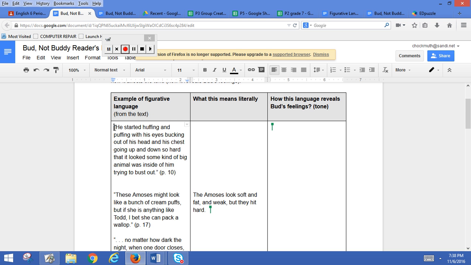So this is from a description of Todd on page 10. What does this mean literally? Was Todd literally about to have an animal bust outside of him? What was he doing? What was he so puffed up about? If you look at page 10, you probably see that this is when they're having a fight. And I'm going to say Todd was really mad at Bud.